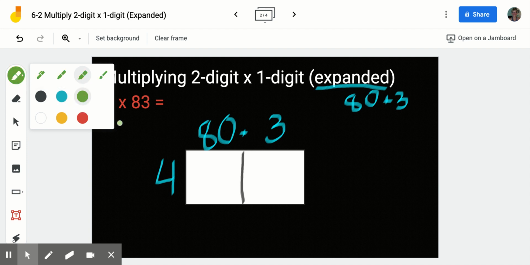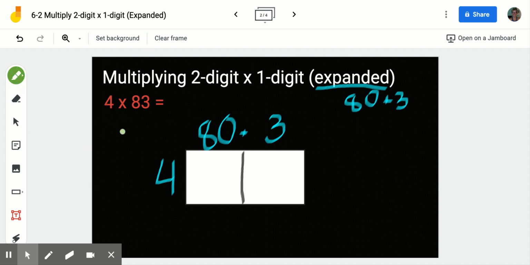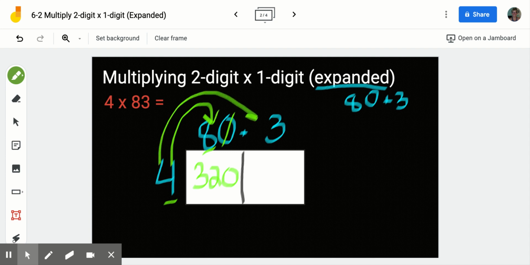Now I have to do my multiplying. So 4 times 80, my basic fact is 4 times 8, which is 32. I see 1 zero. I'm going to cross it out, put it down here. So that told me 4 times 80. Now I'm going to work on 4 times 3, which is 12.